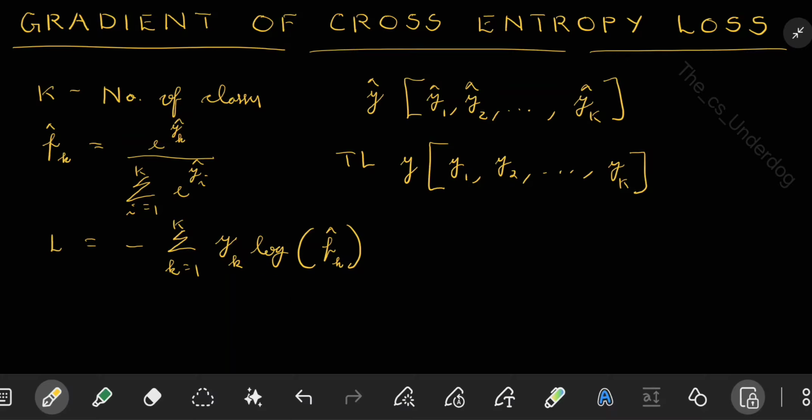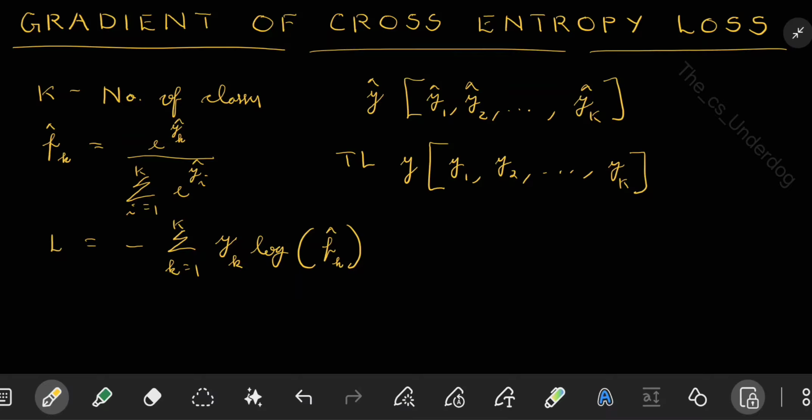Let us find the gradient. For finding the gradient, gradient with respect to what? You have to find the gradient with respect to each of the yk caps, that is, each of the model outputs. This y1, y2, y3 is the raw output vector. So with respect to those yi caps, you want to find the derivative, right? This is what the gradient is.